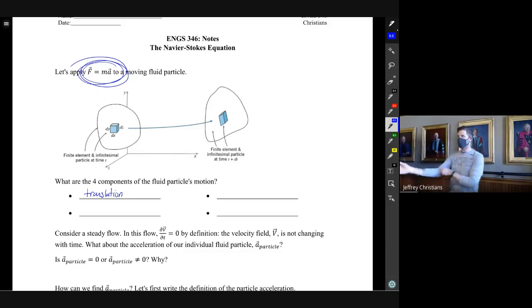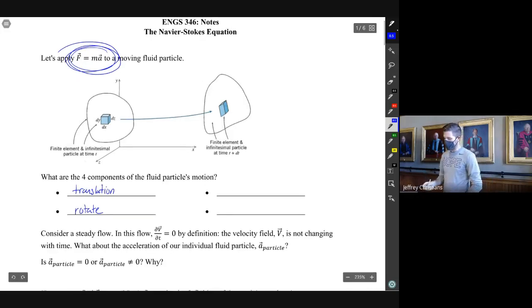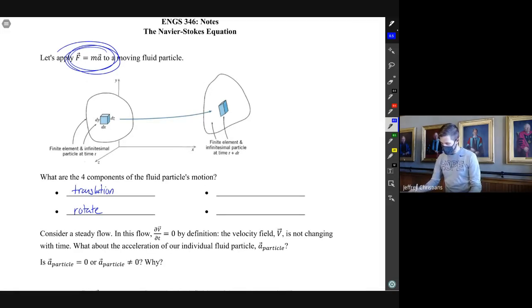So you can translate, you can move from point A to point B. You could also rotate, just like any solid body. The difference with fluids is you can also experience linear deformation or angular deformation.